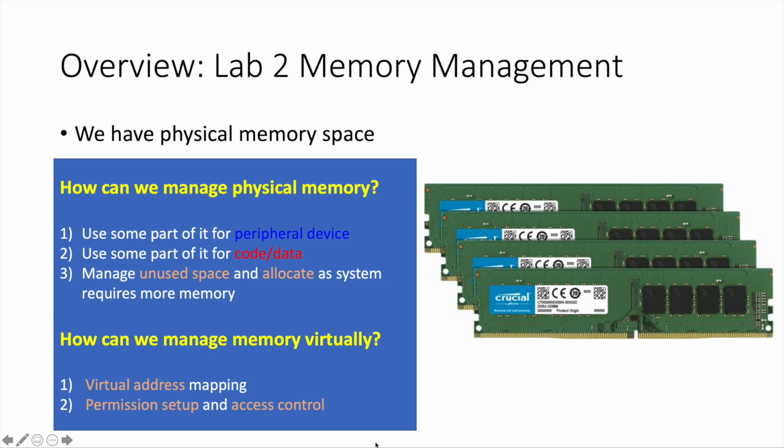The permission setup and access control part ensures an application will never read the memory space allocated for other applications or the operating system kernel, and we will learn how to implement such things in a modern operating system for the protection part of virtual memory.